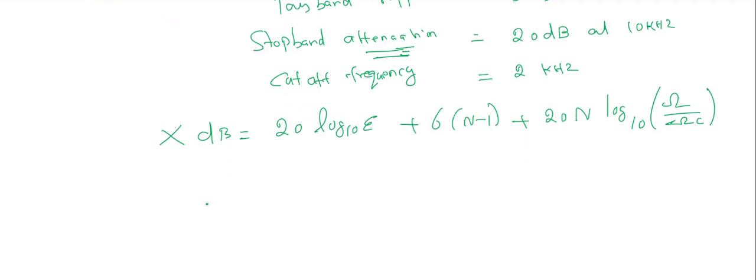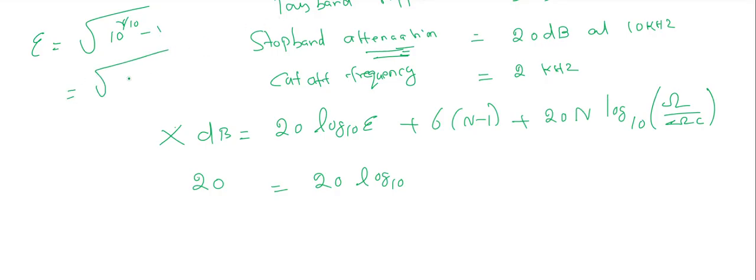So you can substitute the values, attenuation in dB is given as 20. First find epsilon: epsilon is equal to the square root of 10 to the power gamma by 10 minus 1, where gamma is the passband ripple, so 10 to the power 0.5 by 10 minus 1.